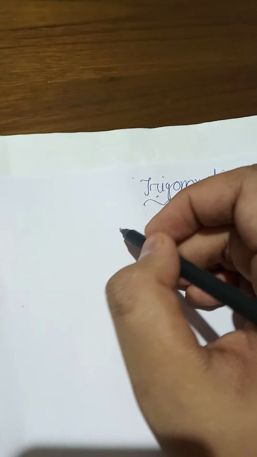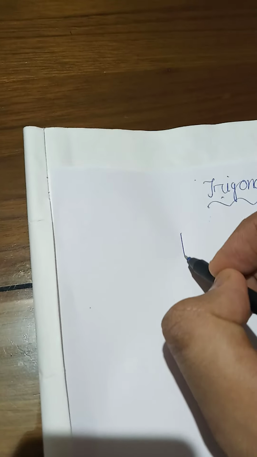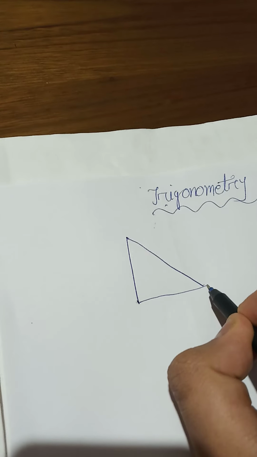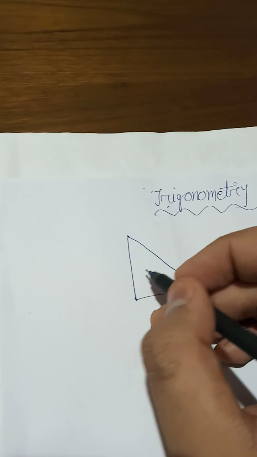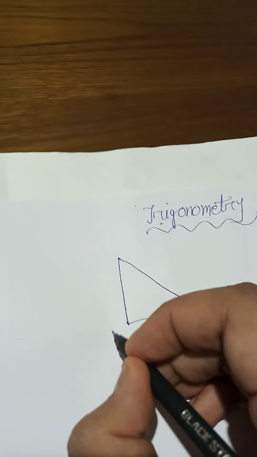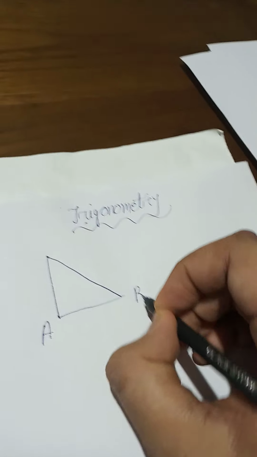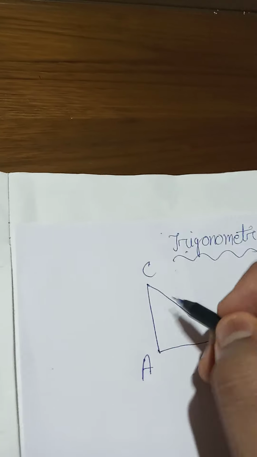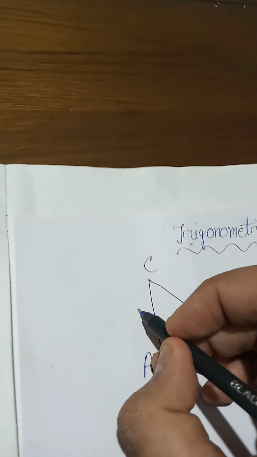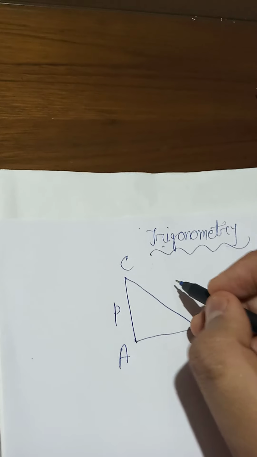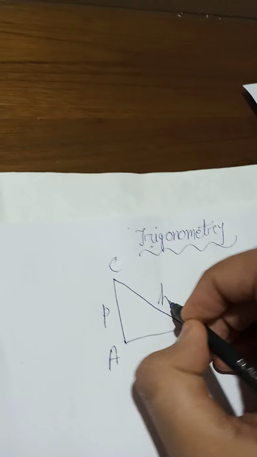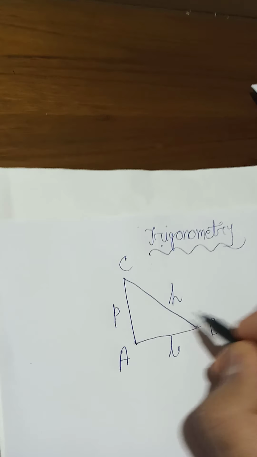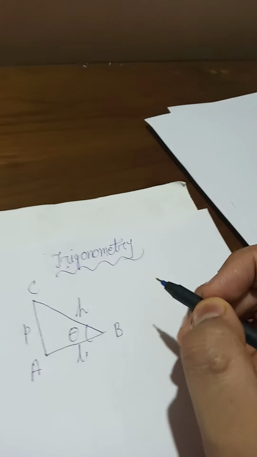That means, now suppose I consider a triangle. Here A, B and C, and we consider AC is P, CB is H and AB is small b, and here the angle is theta.